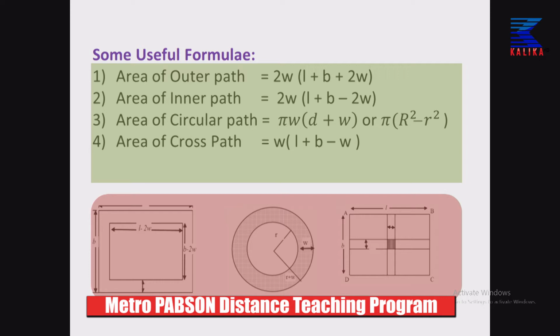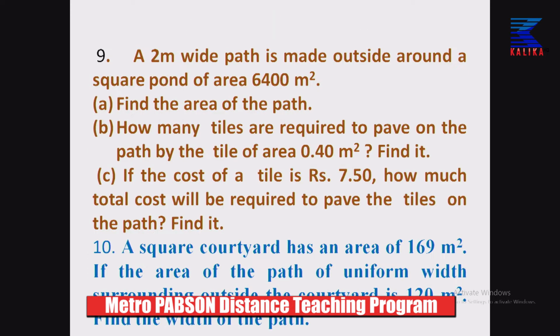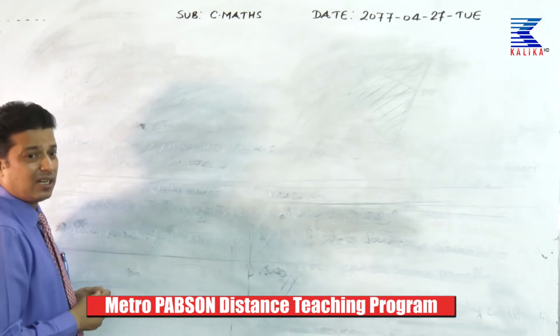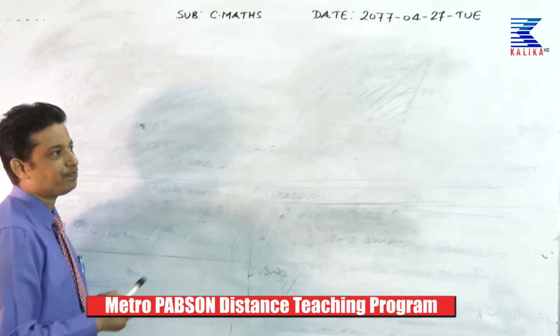So, let me go through today's class, and you can see question number 9. Let me start with this question. Let us pay your attention to the board please. See the question here. Let me see what is given.